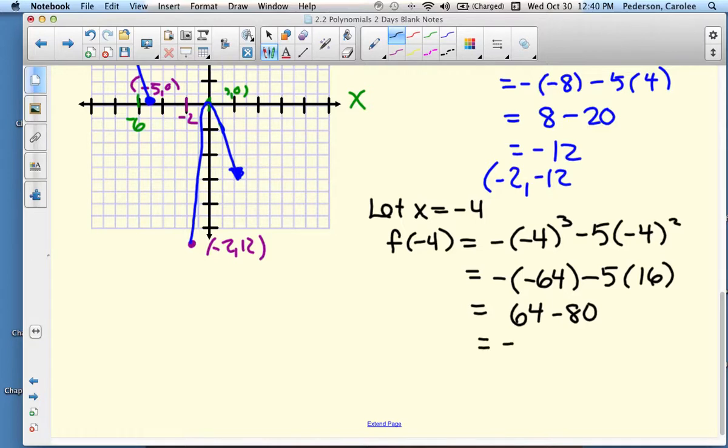And we get negative 16. So we're still down here at negative 16. Eventually we're going to come back up at negative 5. So here's the shape of our graph.